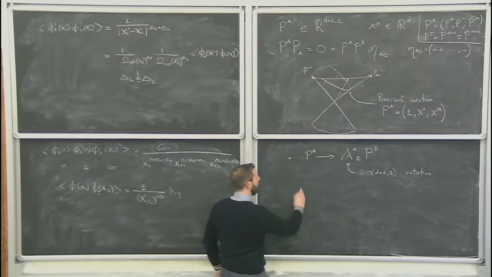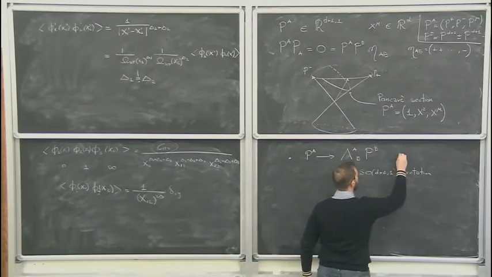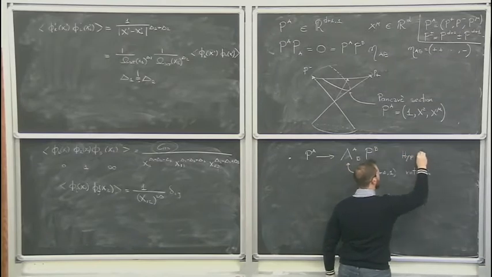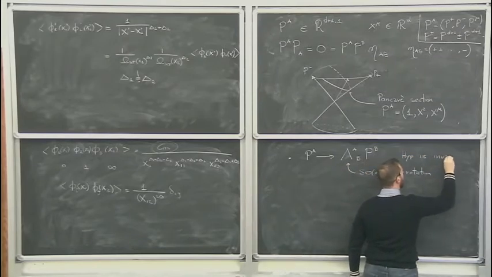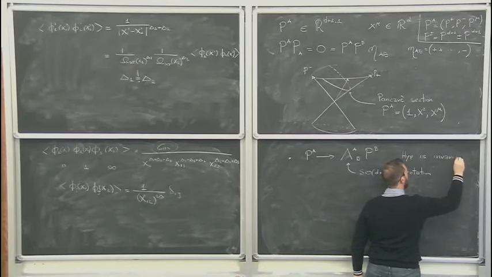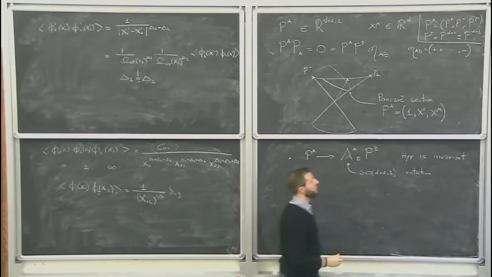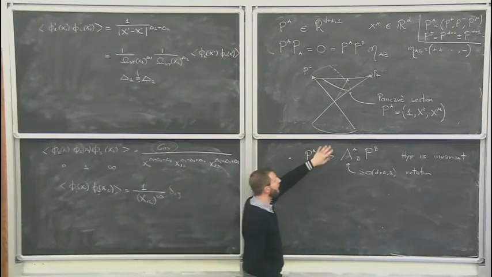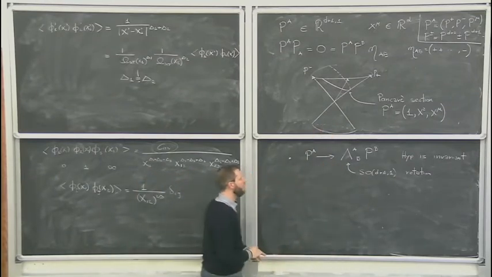So under this transformation, the hyperboloid is invariant. This is good, we have identified a surface which is invariant under rotation.